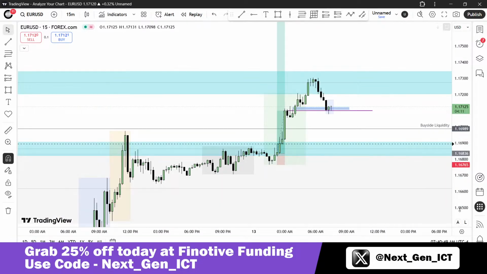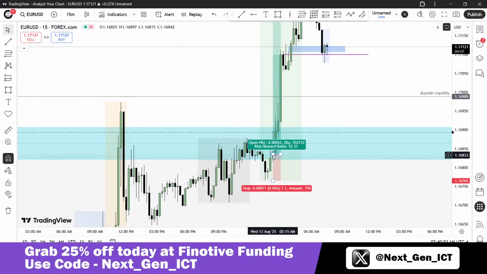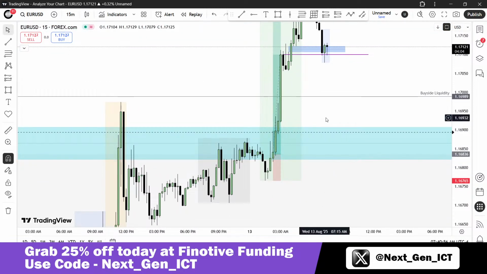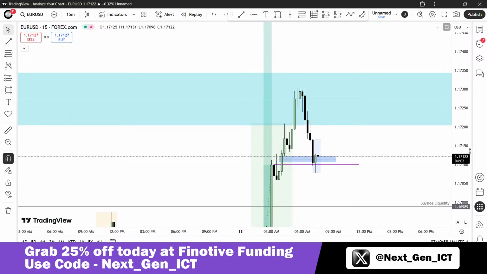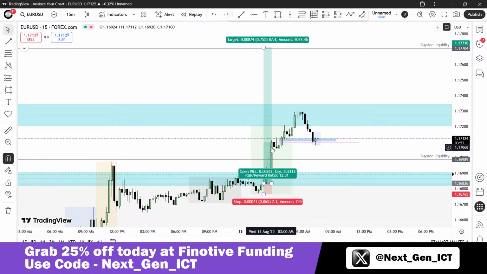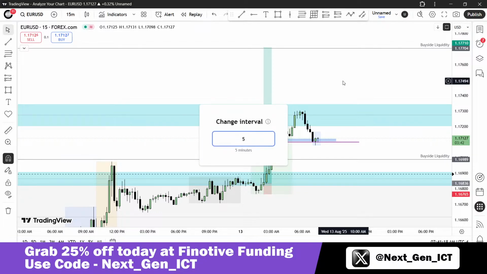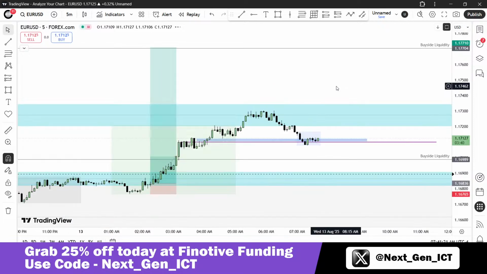Right on this candle, the 2:15 a.m. candle, I entered a long position targeting that buy side liquidity at 1.17710. So right now I am green on this trade, and let's see if it hits my target. I'll look for new trade setups in New York session, I guess.